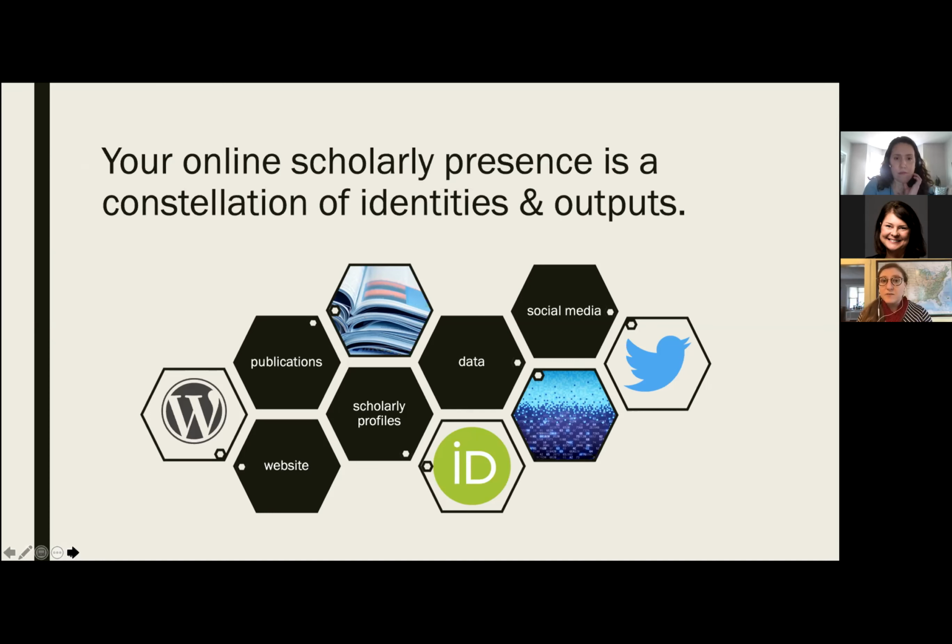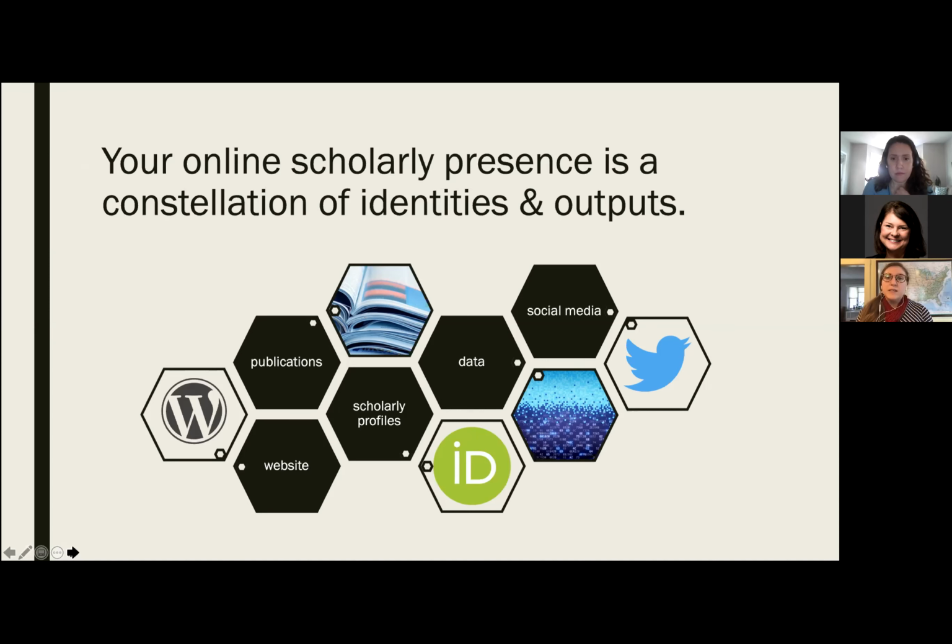Another aspect of this constellation of your scholarly presence could include the data that underlies your publications. So not just the argument that you're advancing in your publications or presentations, but also the evidence that underpins that argument, which you can share for reuse and applications by other researchers.